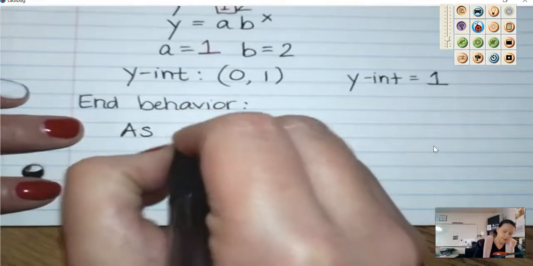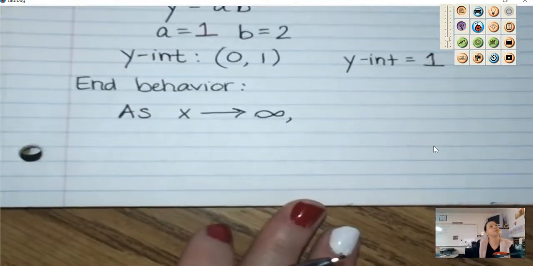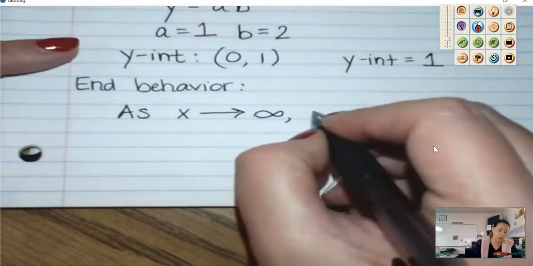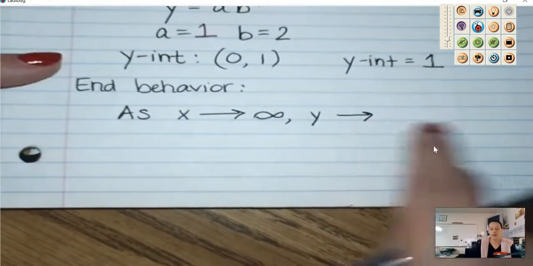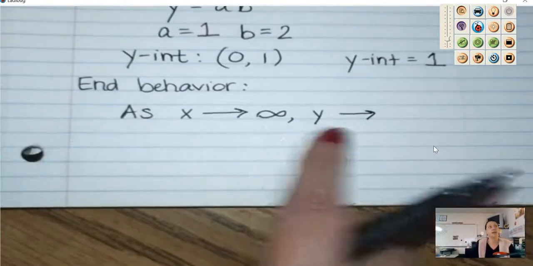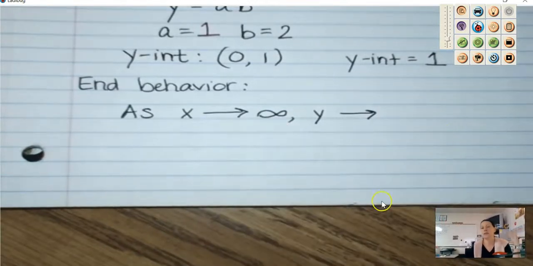As x approaches infinity, y approaches, and then you're going to fill out the rest of this. So it's always going to say as x is getting bigger, or as it's going on forever.